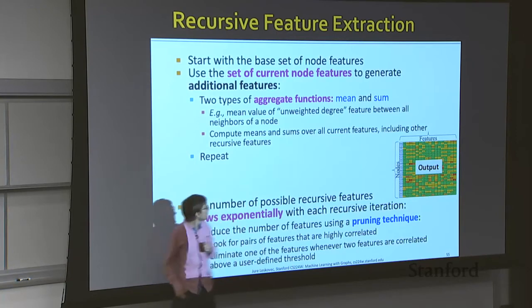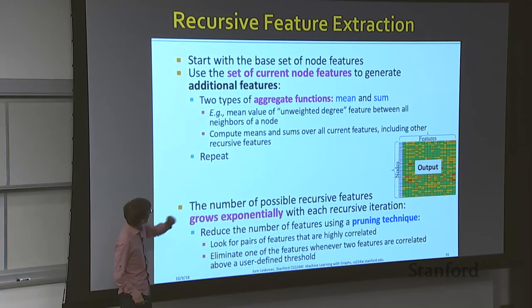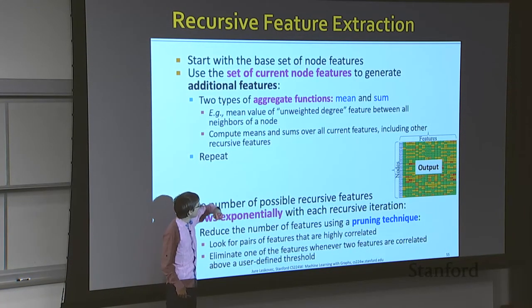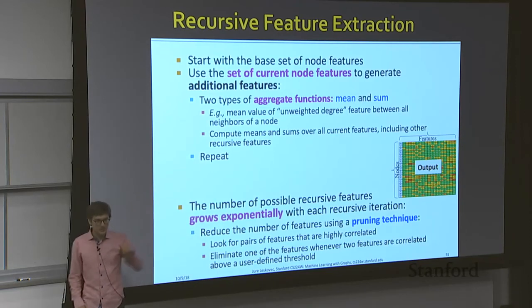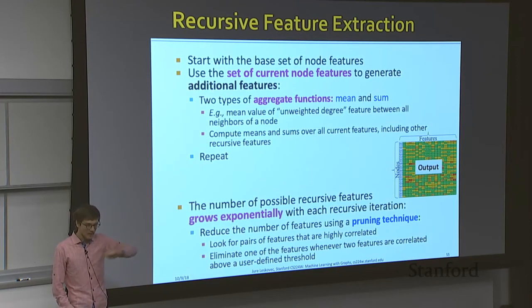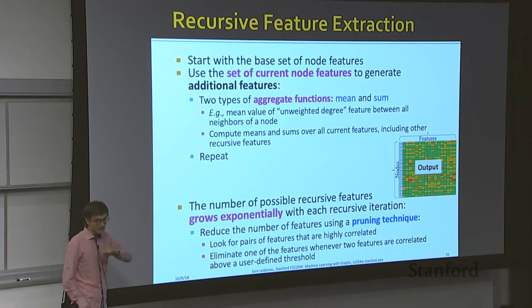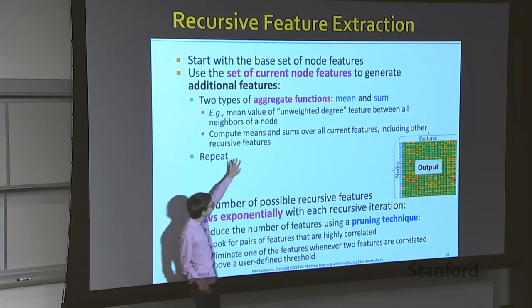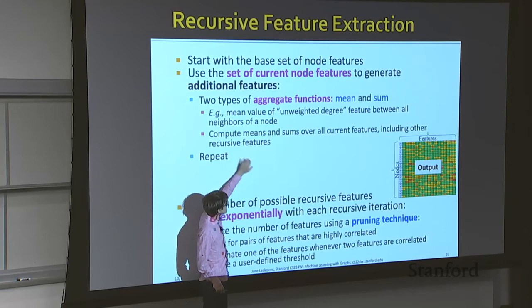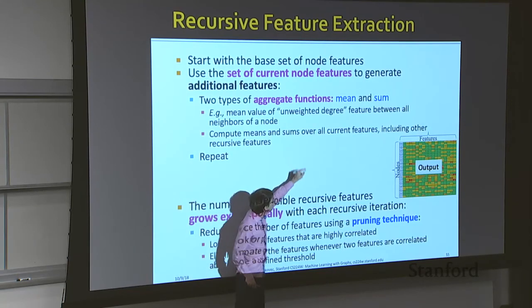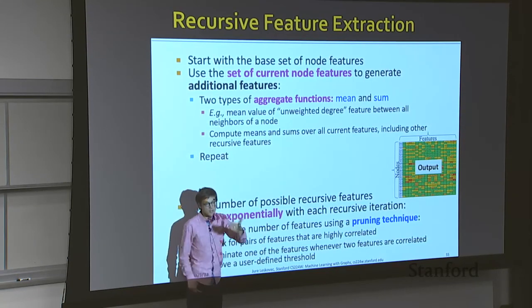For example, I will take the mean value of the degree of all the neighbors of a given node. So this will be the mean degree of my neighbors, or the sum of the degrees of my neighbors. And essentially, I can compute these means and sums over all the current features, including the recursive features.